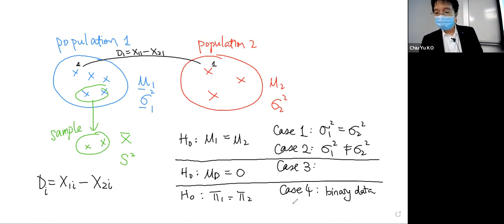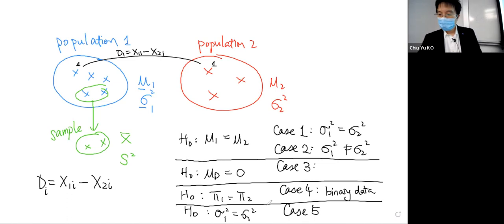And the final case today is case 5, which talks about whether sigma 1 square is equal to sigma 2 square.